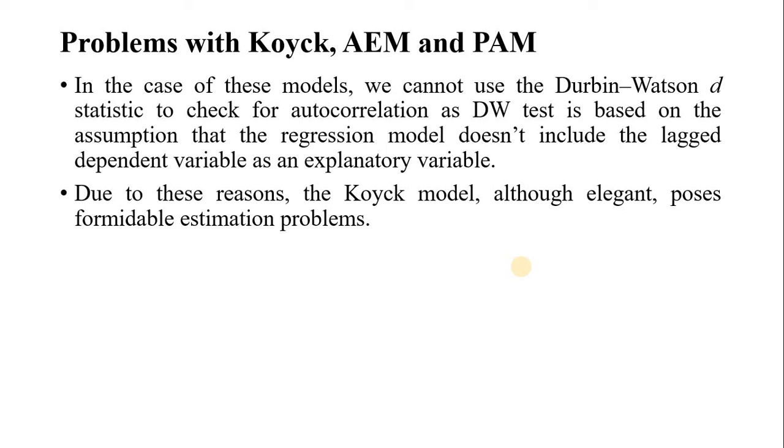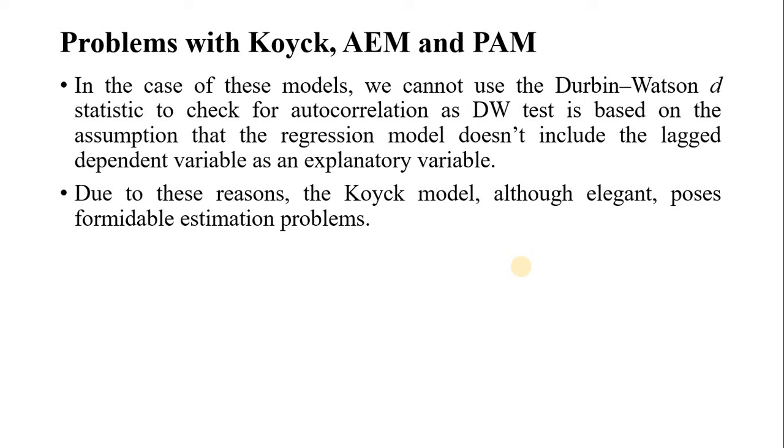this Durbin-Watson statistic will always approach the value of 2. If we include yt minus 1 in our equation as an explanatory variable, the Durbin-Watson d statistic will always be very close to 2. And if it is 2, what's the issue?